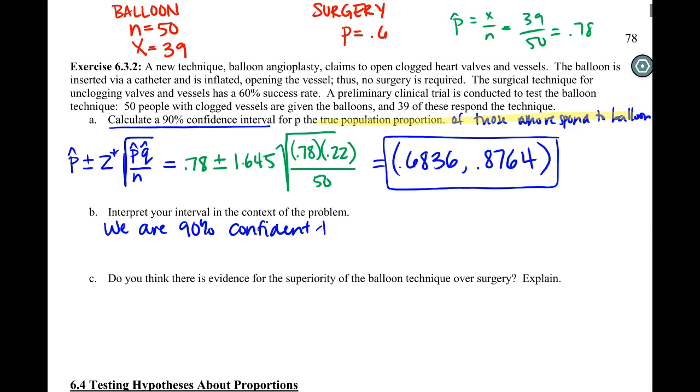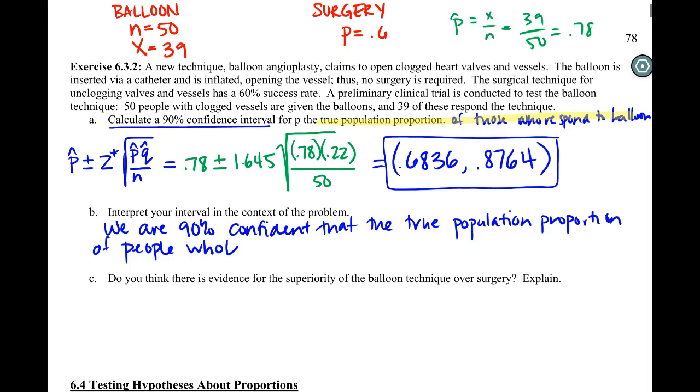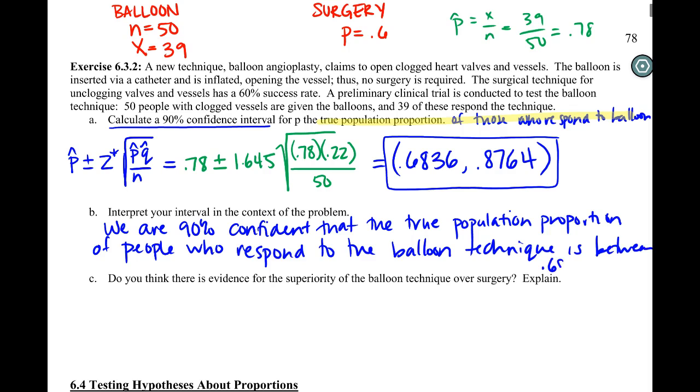So we're 90% confident that the true population proportion of people who respond to the balloon technique is between 0.6836 and 0.8764.